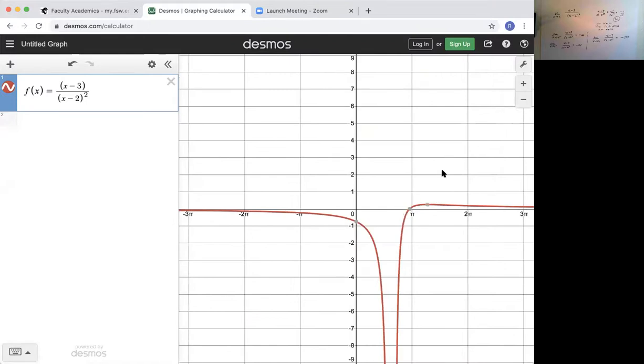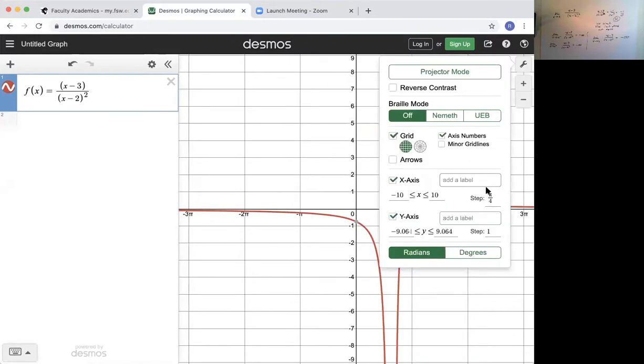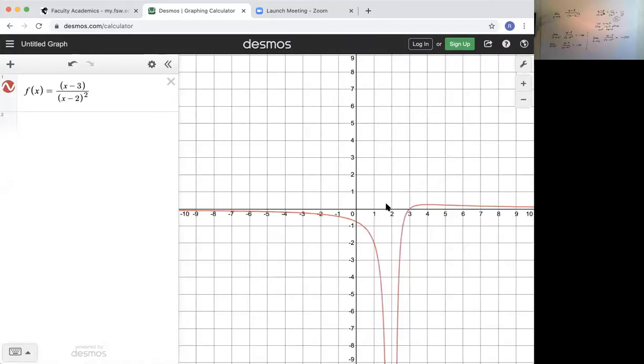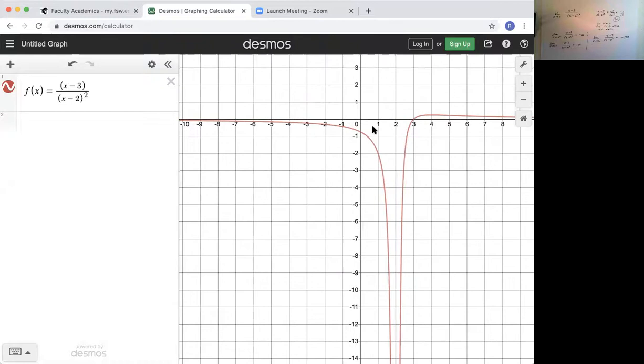You can see, and we'll change this, of course, to stepping 1 instead of stepping pi over 4, that as we head towards 2, on the left side it heads to negative infinity, on the right side it heads to negative infinity. So the limit as x approaches 2 of this thing will indeed be negative infinity, but that limit does not exist. It is not a real number.